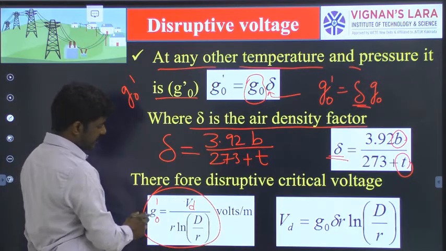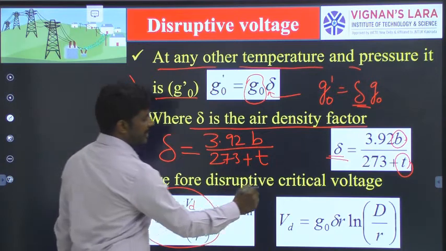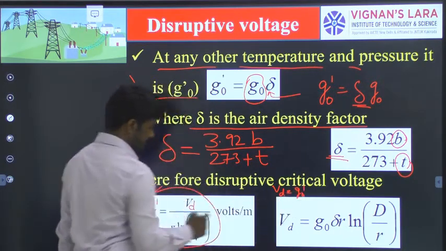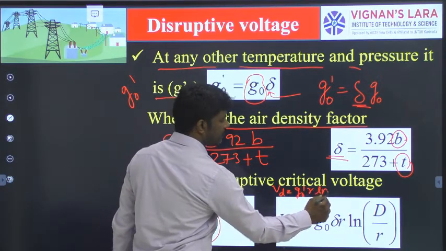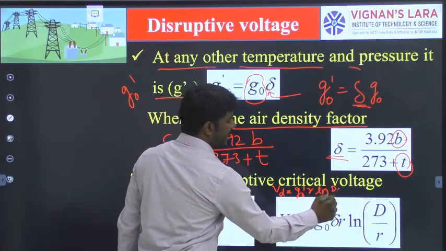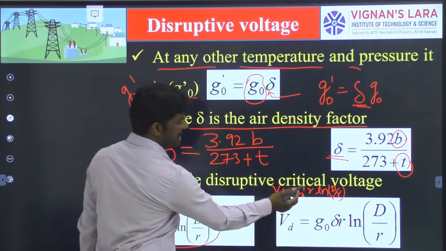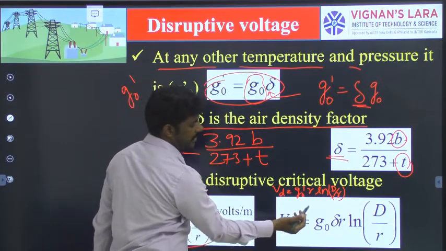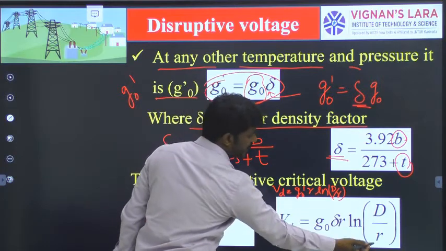Therefore VD is equal to G naught dash R into ln of D by R. If you expand that G naught dash as per this formula, we get VD is equal to G naught delta R ln of D by R.